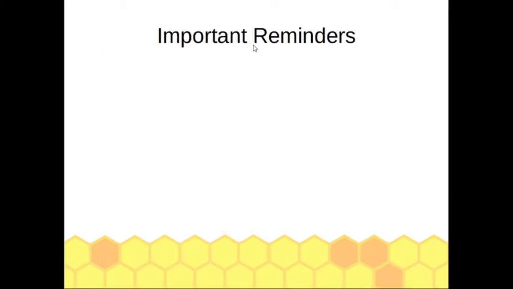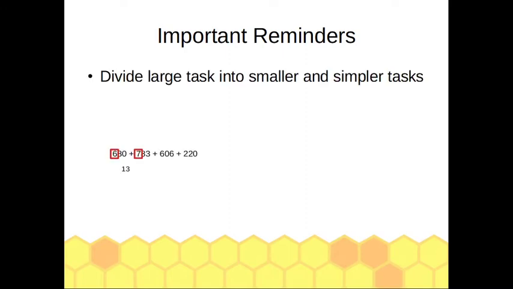Now, to wrap up our lesson, we have 3 important reminders, and this also serves as a summary for our lesson. First is divide large tasks into smaller and simpler tasks so that our mind can concentrate more, and the distraction of thinking that the problem is difficult would be minimized.